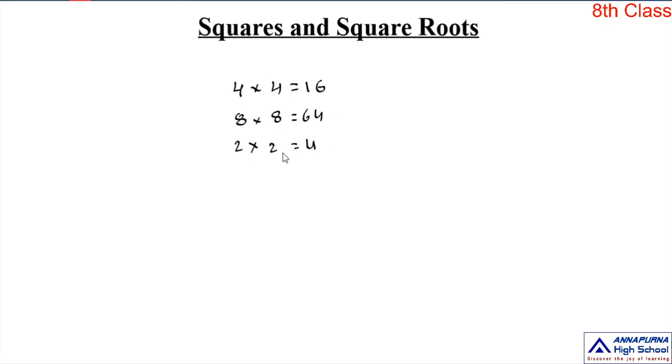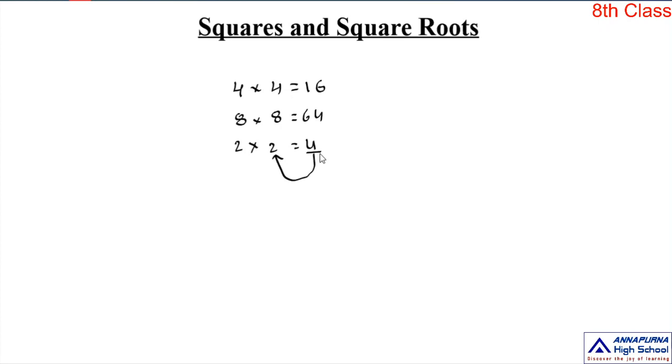If you multiply the same number 2 times, the product is called the square of that number. Here 2 into 2 is equal to 4. That means you multiply 2 two times.